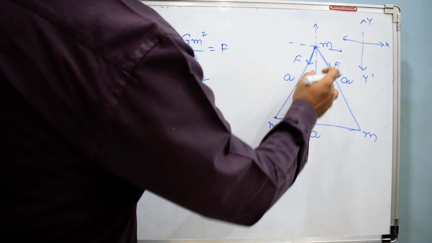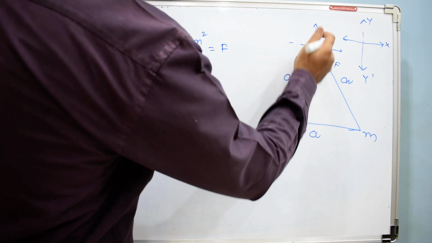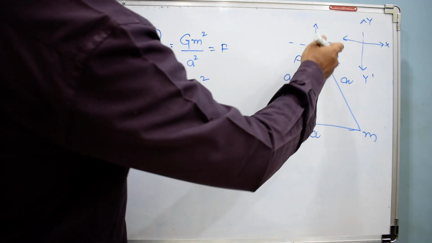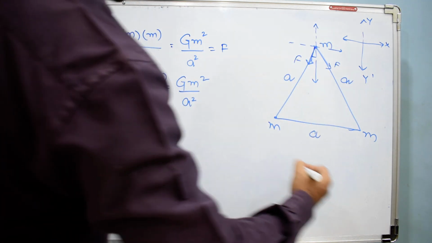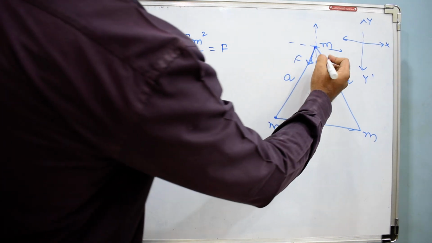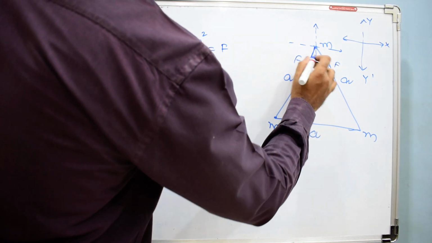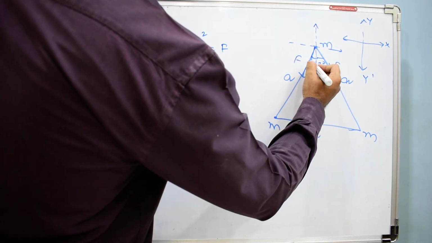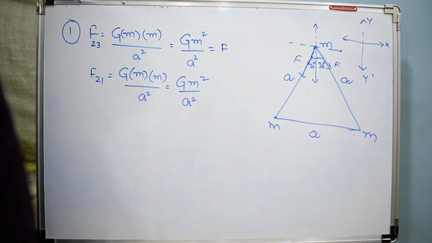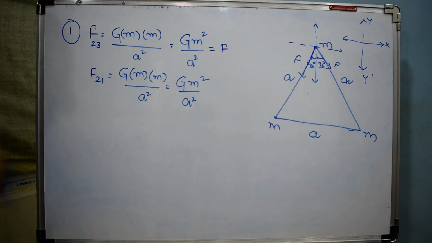So if the y-axis bisects this angle, it makes an equal angle of 30 degrees with this direction and 30 degrees with this direction. So the forces will look something like this. I'll just represent the forces here itself. This is 30, and I'll just extend them, this is also 30 degrees. So each force F is making an angle of 30 degrees with the negative x-axis.